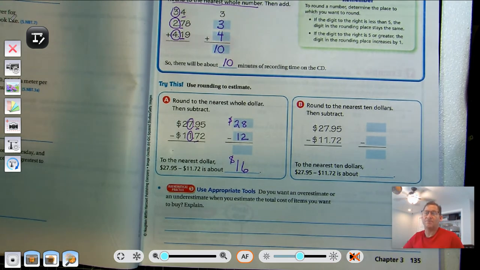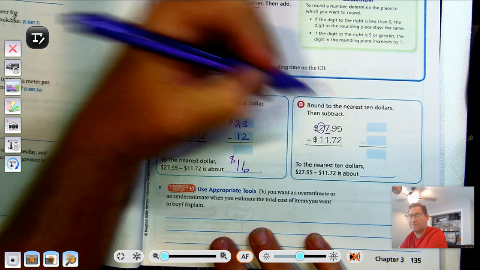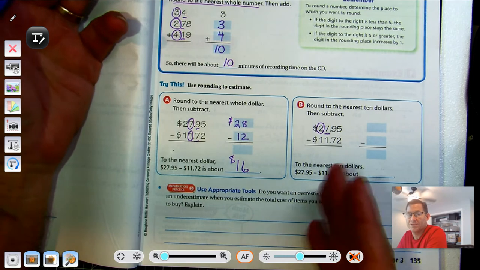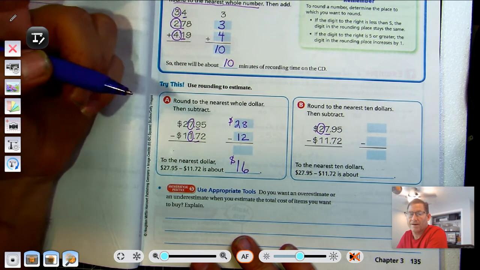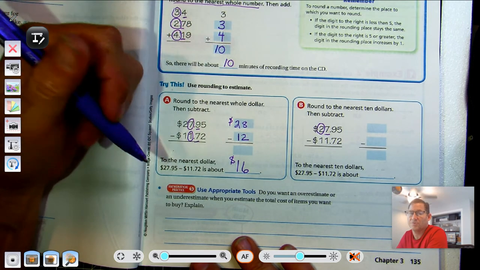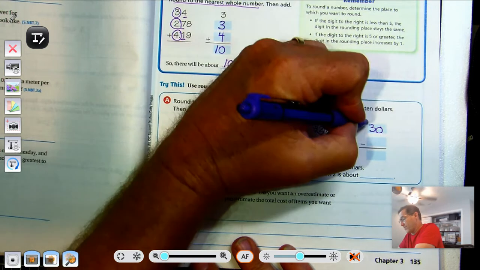All right, but what if it was said round to the nearest $10? Okay, well, we have the same numbers, but this time we want to circle the tens place. So circle the 2, look to the digit to the right, 5 or greater, round up. Less than 5, keep the digit that you circled the same. So round up. So we have $30.